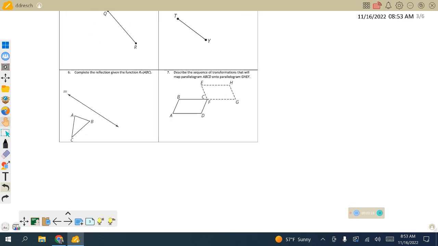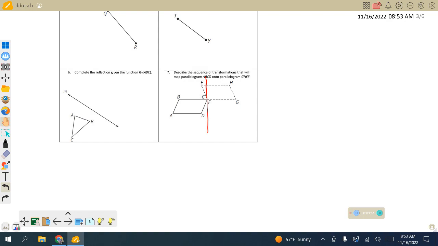And 7 kind of goes along with what 3A was. The first thing I'm noticing is that its orientation has been flipped. So the first thing I'm going to do is a line of reflection there. That line of reflection, wherever you want to draw it in, you've got to do reflection.